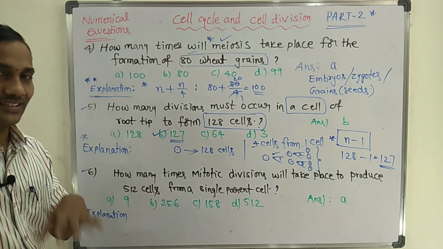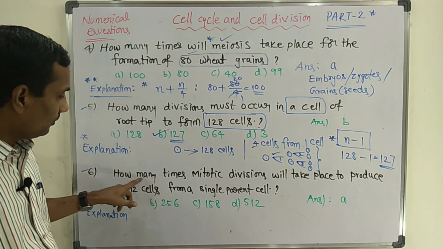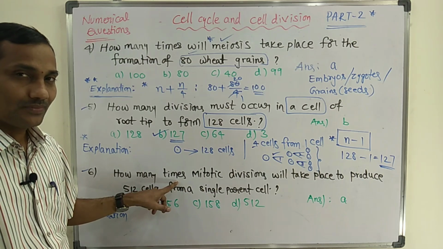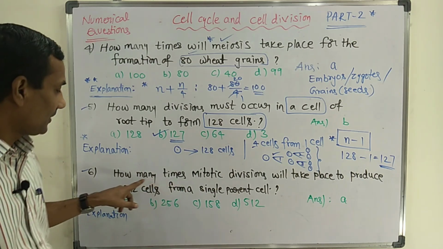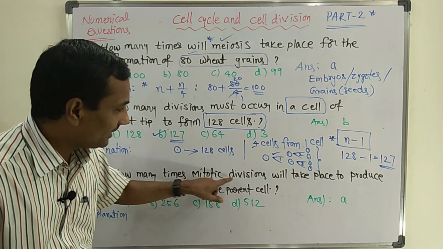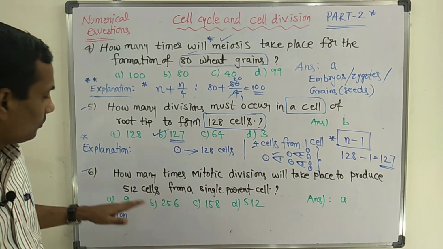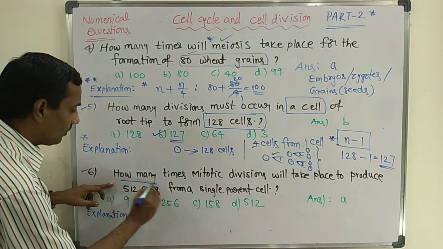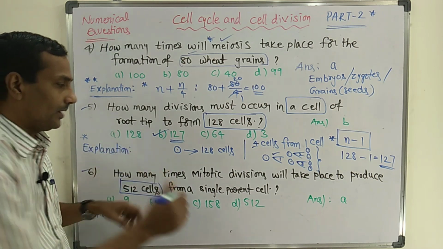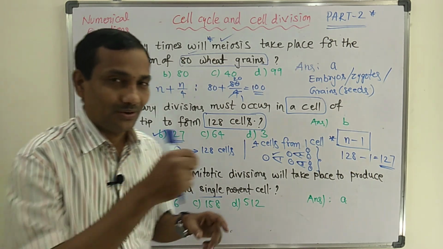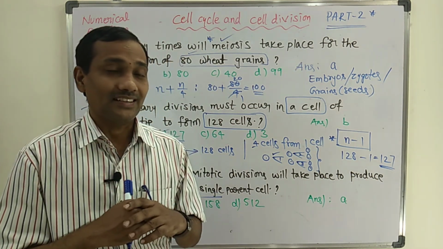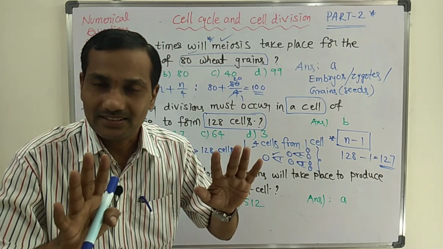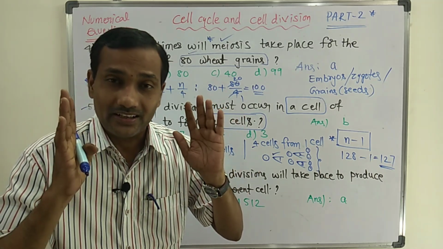Next, another question. Now they are asking about generations. How many times will mitotic divisions take place to produce 512 cells from a single parent cell? Now they are asking about generations, not mitotic divisions.